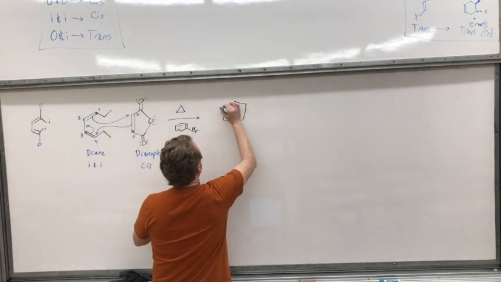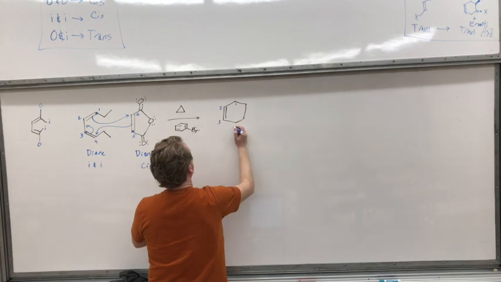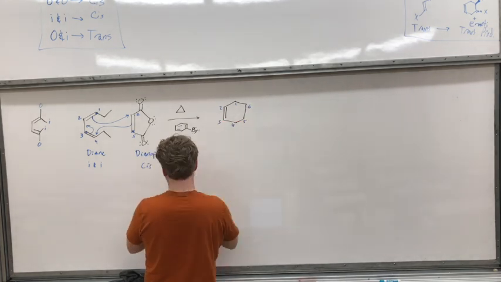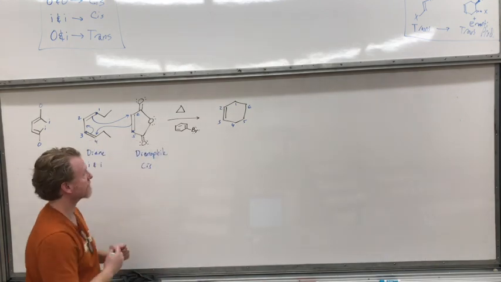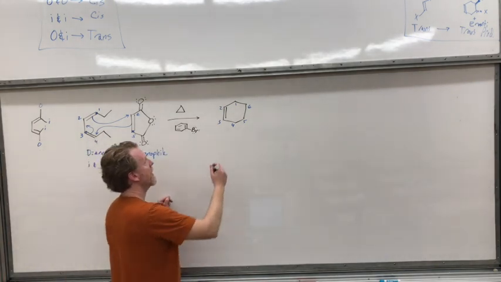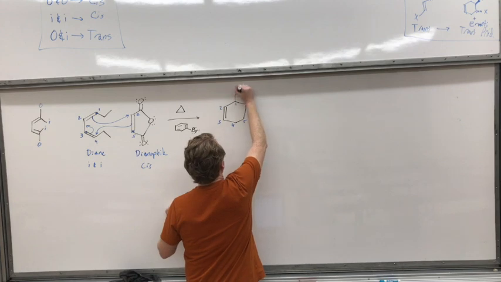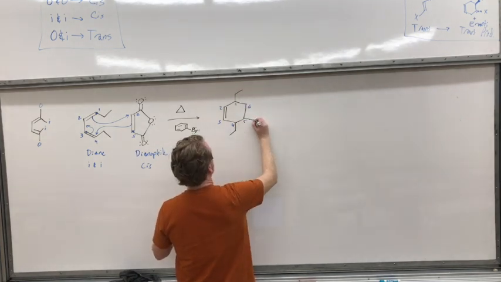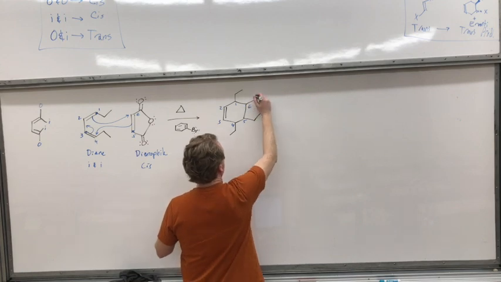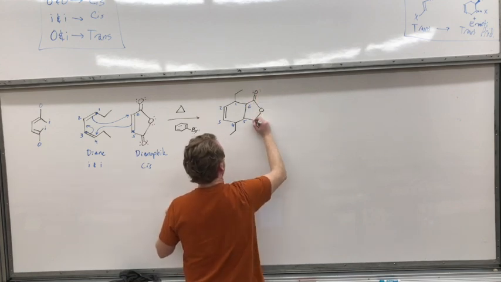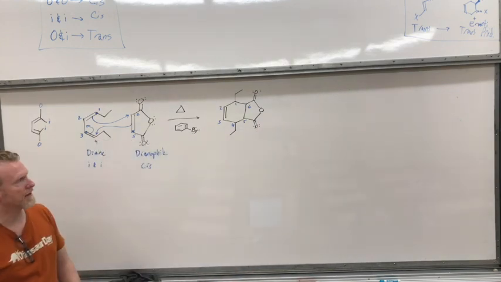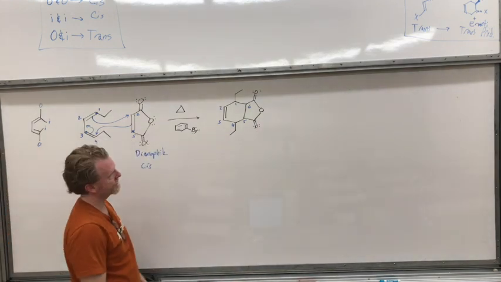So 1, 2, 3, 4, 5, 6. And then off of carbon 1, I have an ethyl. Off of carbon 4, I have an ethyl. 5 and 6 connect together in what is referred to as an anhydride.